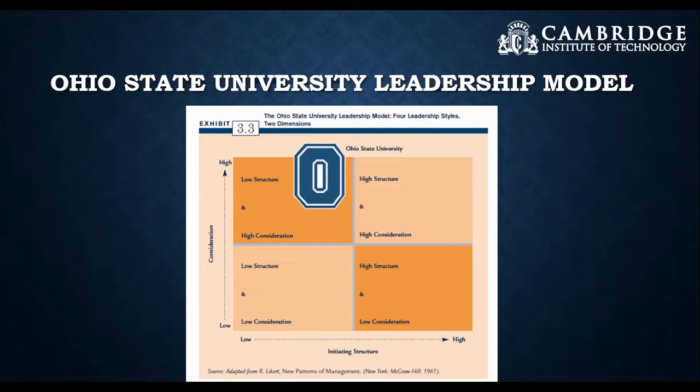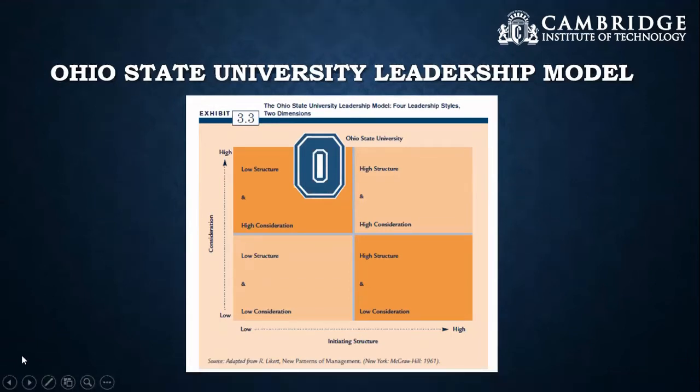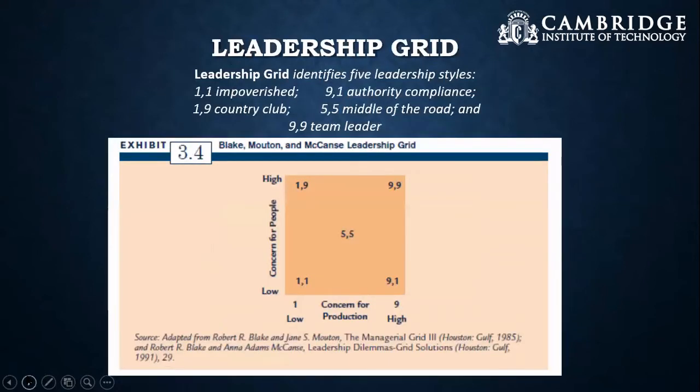Based on that, it could be low structure and low consideration, high structure and low consideration, or high structure and high consideration, or low structure and high consideration. Depending on the style that the leader has, the entire team conducts the work.